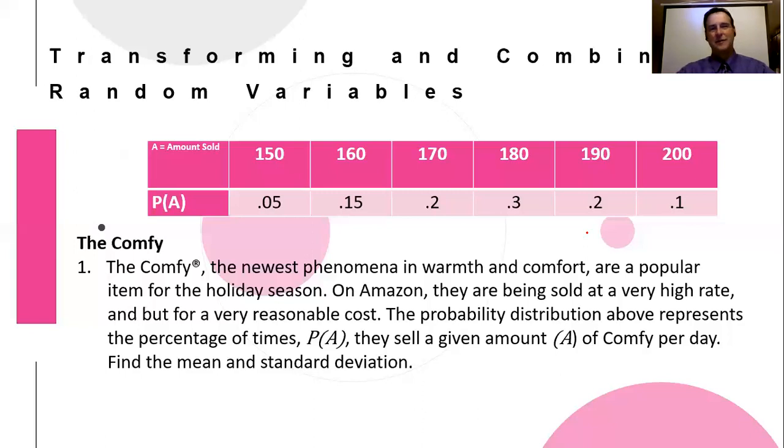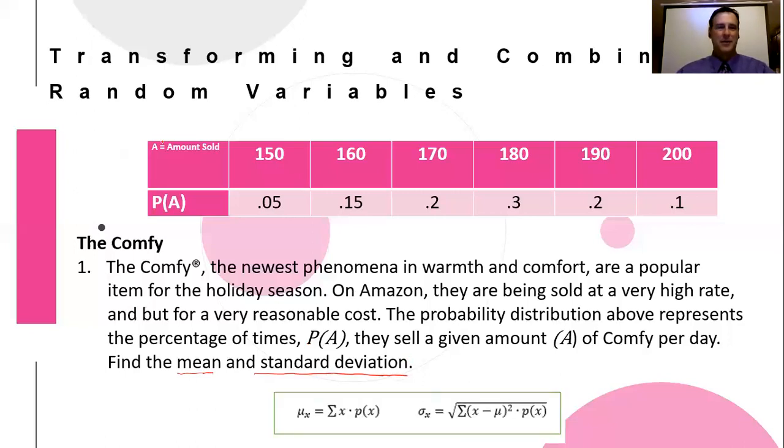I'm asking if you would find the mean and the standard deviation for the amount of Comfies sold on Amazon per day. Now, if you don't remember what the mean and standard deviation are represented by with respect to a formula, there you go. Remember, we typically put these in L1 and L2 from 6.1.